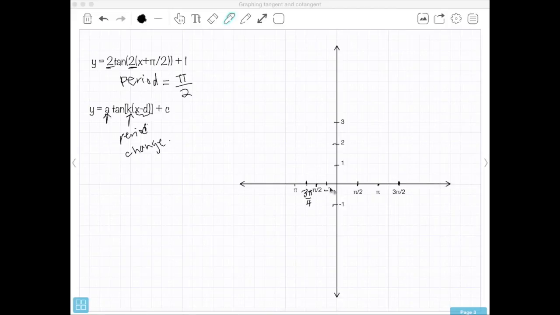Without bothering with the new period change, the new asymptotes should be negative pi and 0, but with the period shrinking half in size, the asymptotes move to negative 3 pi over 4 and negative pi over 4.